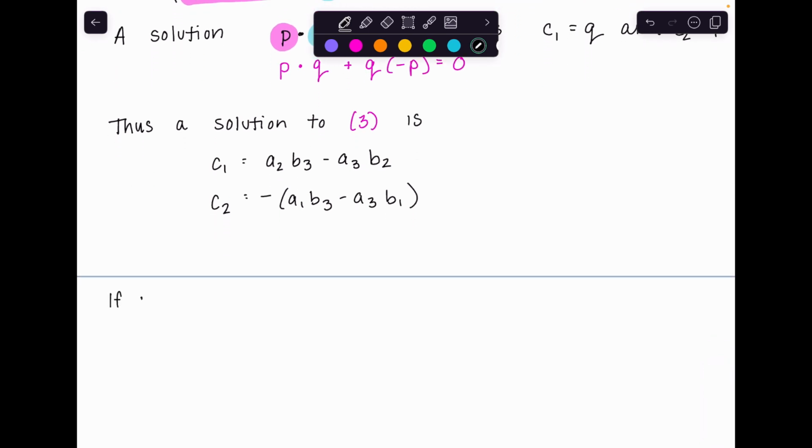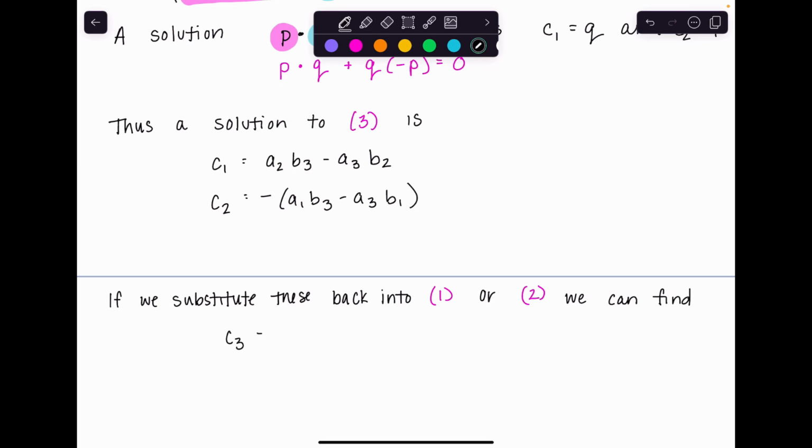If we substitute these back into 1 or 2, we can find that C3 is going to be A1, B2 minus A2, B1.